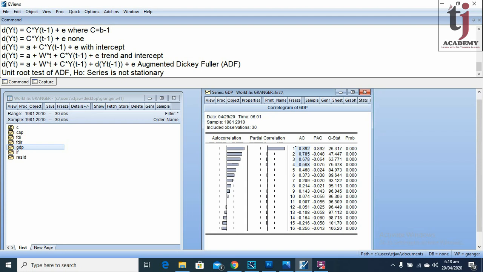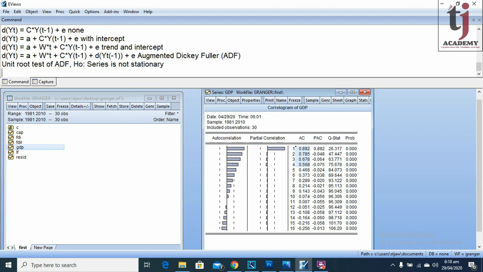The series is not stationary if the p value is greater than 0.05.